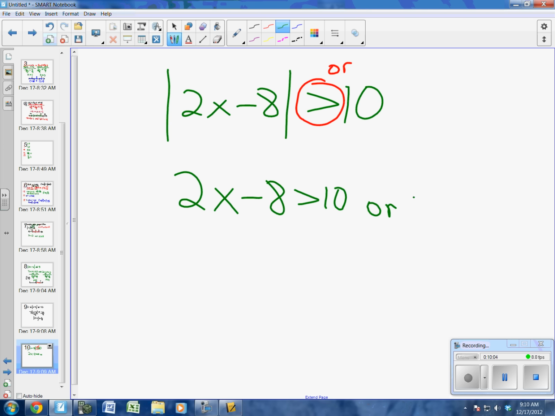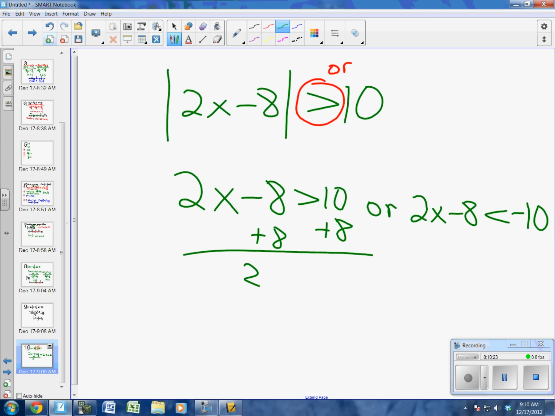Or what? Yeah, once again, you have to change the inequality sign and make that opposite negative, okay? So, to solve these, we add 8 to both sides, divide by 2, x is greater than 9.